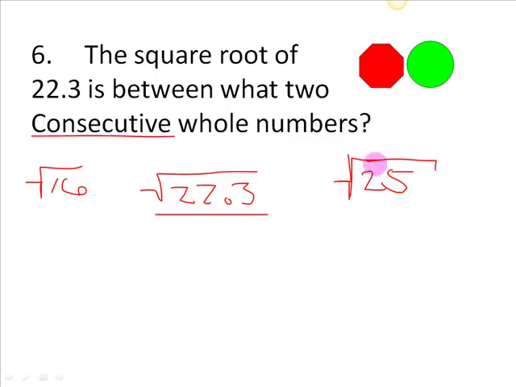It's hopeful that you can see that the square root of 22.3 falls somewhere between the square root of 16 and 25. Now, the square root of 16, that's just 4, and the square root of 25, that's just 5. 4 and 5 are consecutive whole numbers. So the square root of 22.3 is somewhere between 4 and 5.